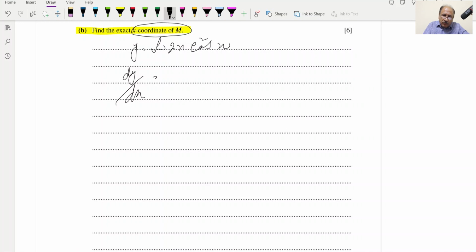M is the maximum point, so dy by dx at M will be equal to 0, so we'll take the derivative and then we'll put it equal to 0.